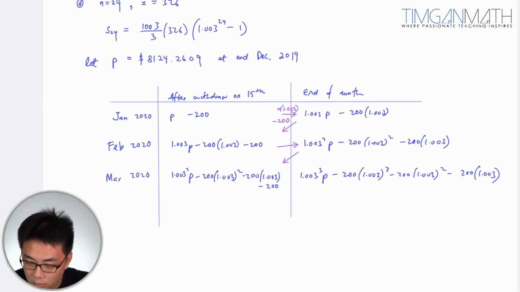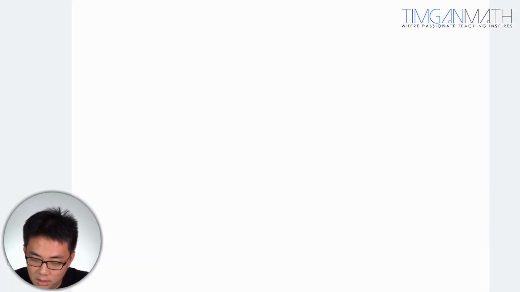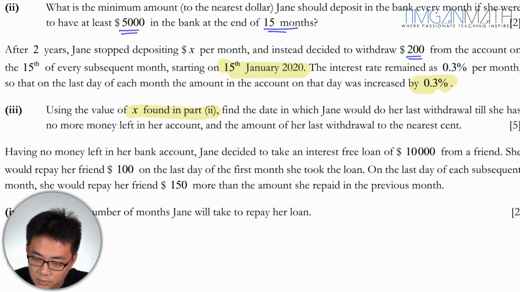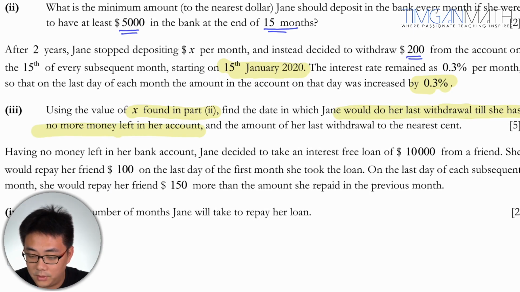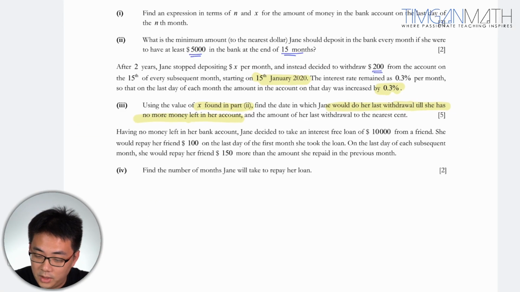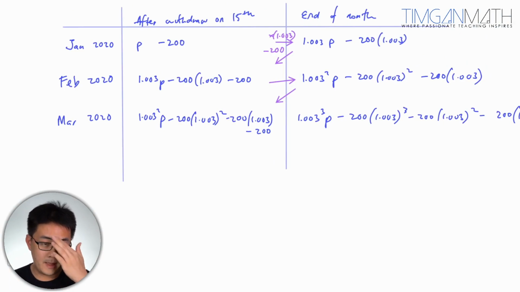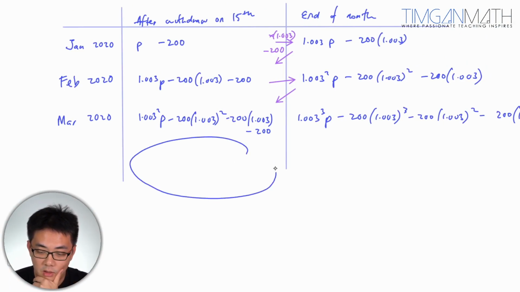Okay, let's look at what we want. We want the day to find her last withdrawal till she has no more money left, and the amount of her last withdrawal to the nearest cent. So what we need is actually, I would rather see this amount here to be just nice above 0.